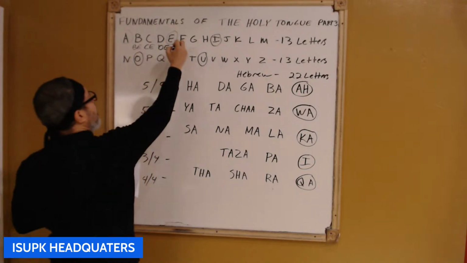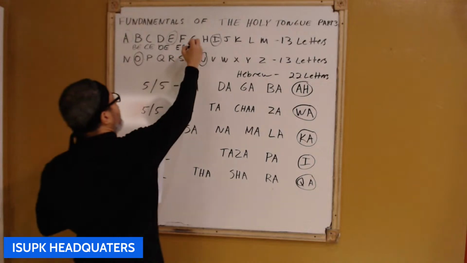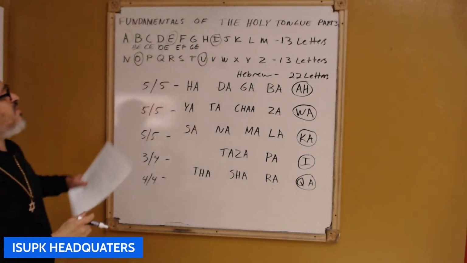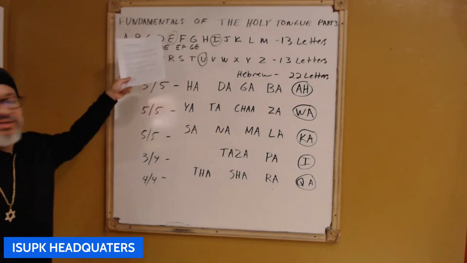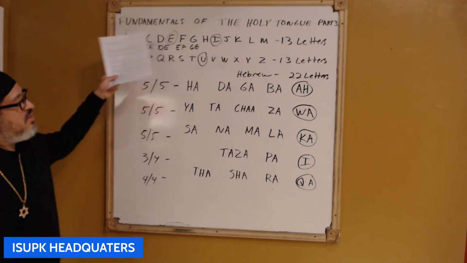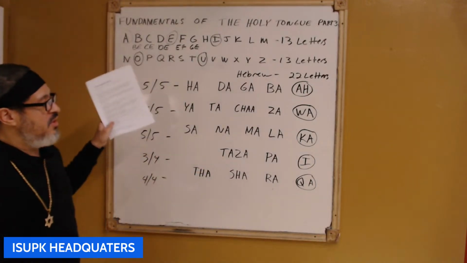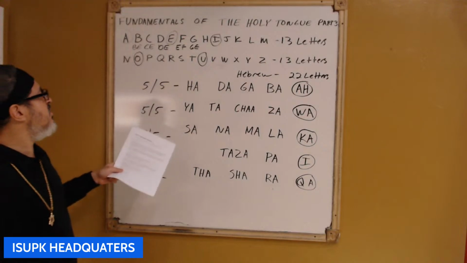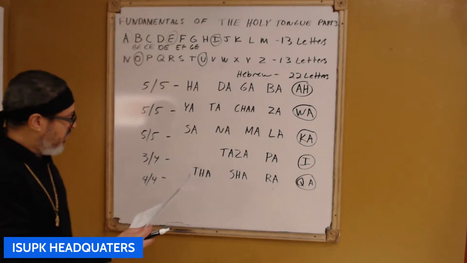F is like E-F. G is like G-E. So you're seeing that, first of all, the letter E is not here. So that vowel, as you see, is not even in the language of Hebrew. And this was the first pure language. So it's a lot simpler and easier to see, and it's a lot easier to understand.